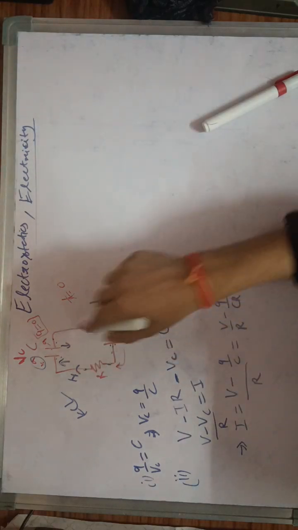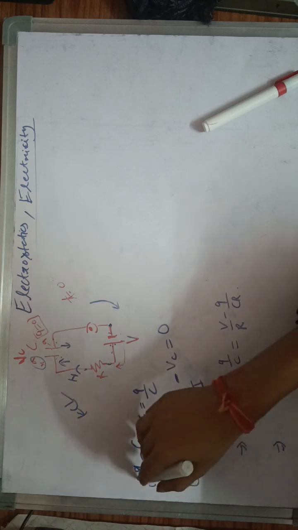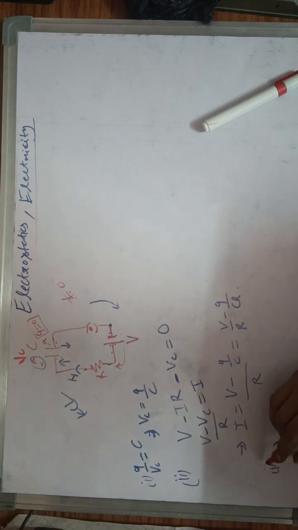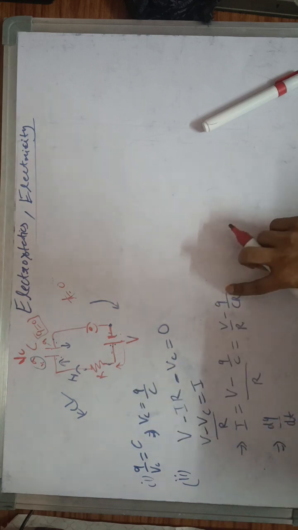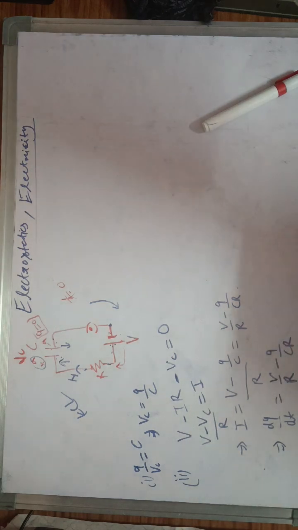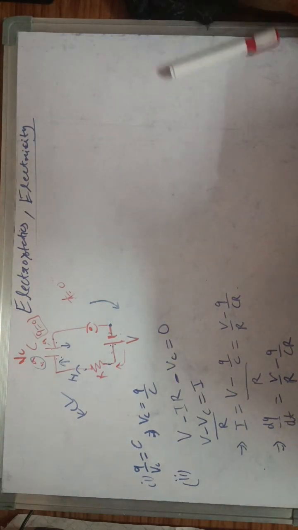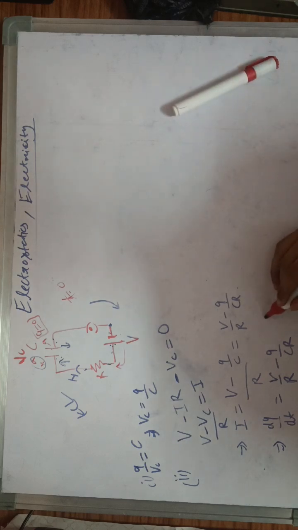This is the current in this circuit, and now using the first equation, I is equal to dq by dt. So dq by dt is equal to V by R minus Q by CR. Now I can integrate this differential equation. This is the third equation.